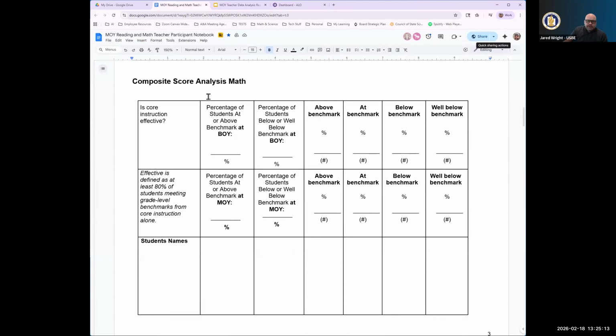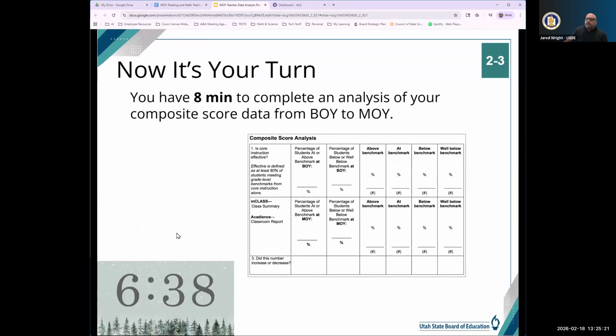You can just select a grade and a class, or however you want to work through that. And if you need help getting to a particular report, we can do that as well in looking at those composite scores.